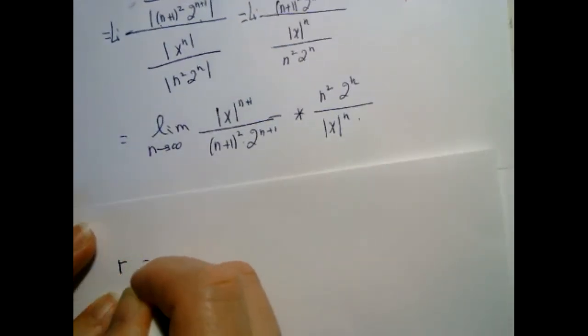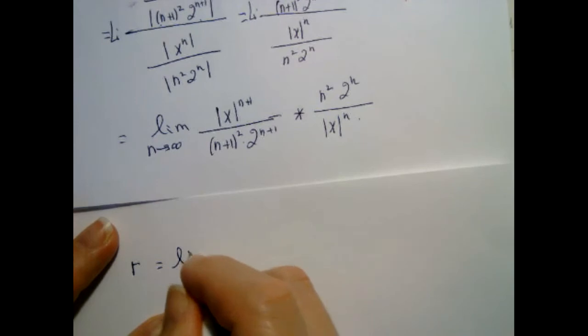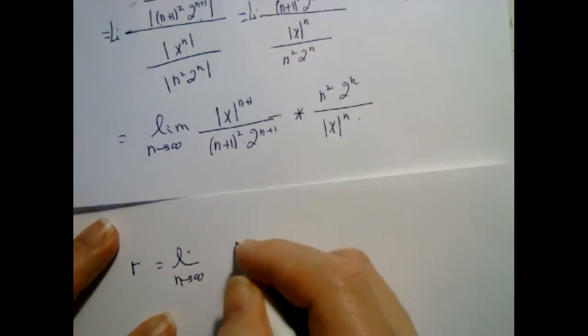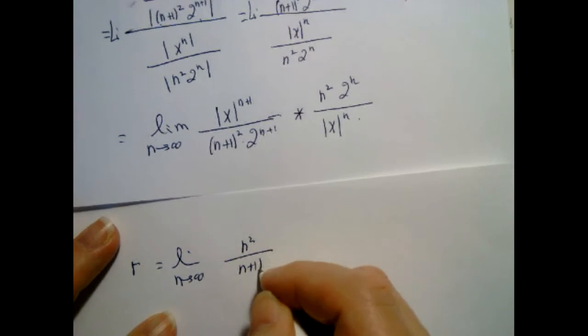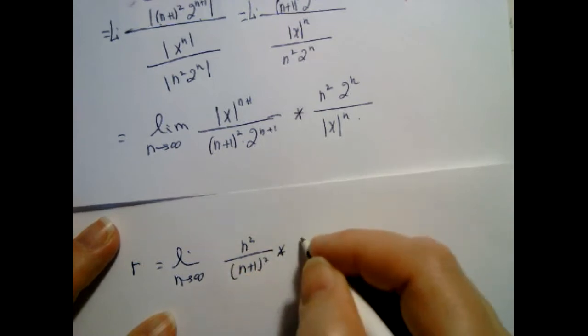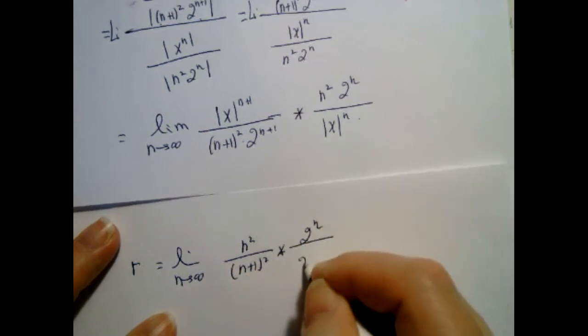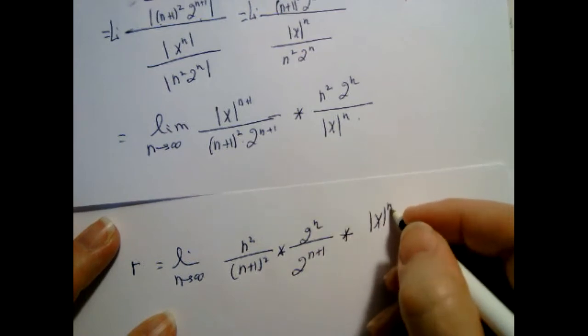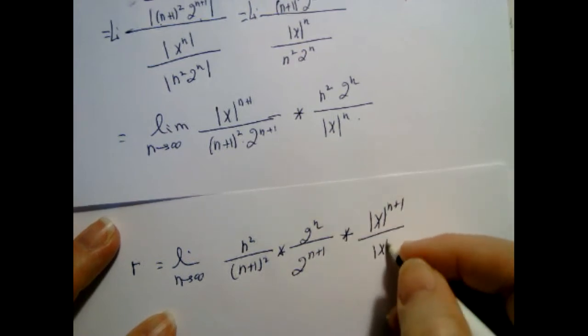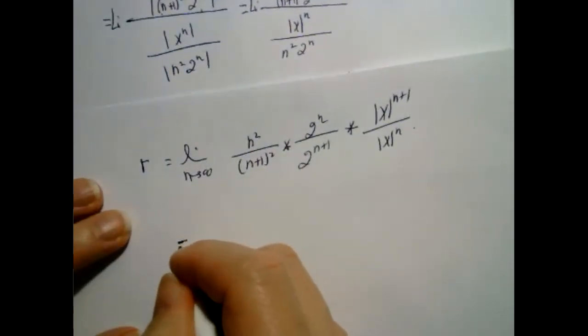So R from the ratio test is the limit as n tends to infinity of the like terms put together to be able to find the limit. I will have 2 to the n over 2 to the n plus 1 times the absolute value of x to the n plus 1 over x to the n. And now finally, let's compute the limit of that.